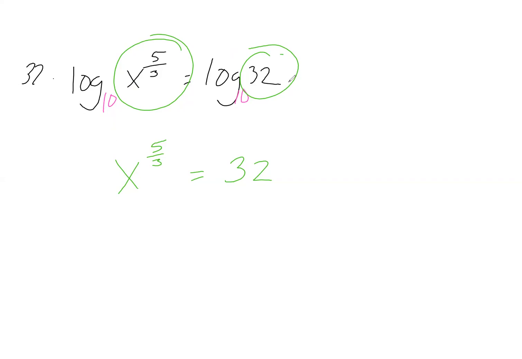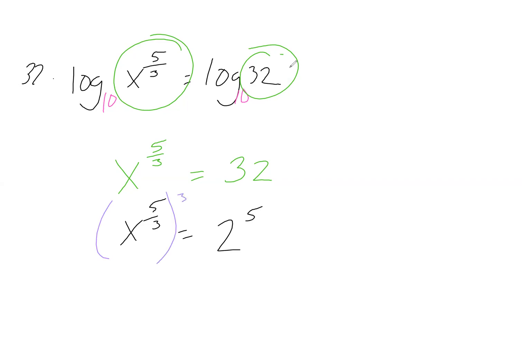So I'm going to rewrite my 32 as 2 to the 5th power. And then solving for X, we're going to get X by itself. So you're going to raise it to a new power so that this power becomes 1.